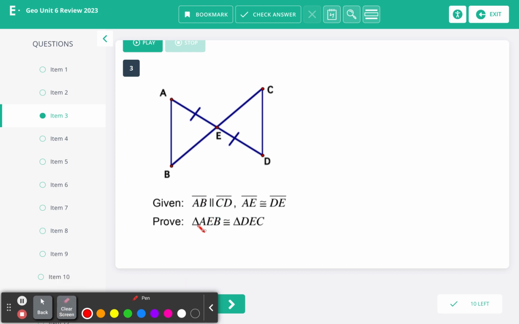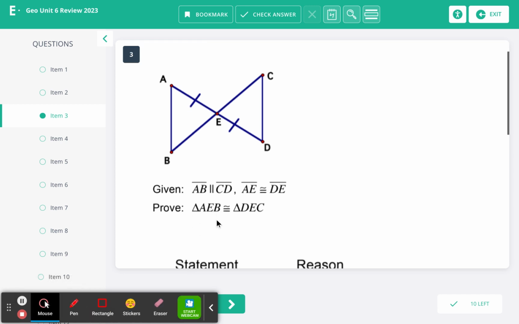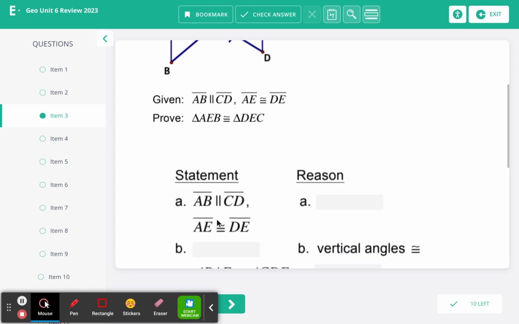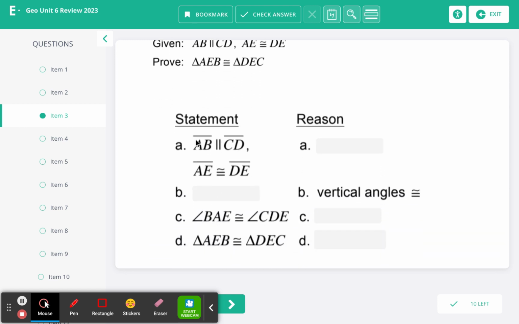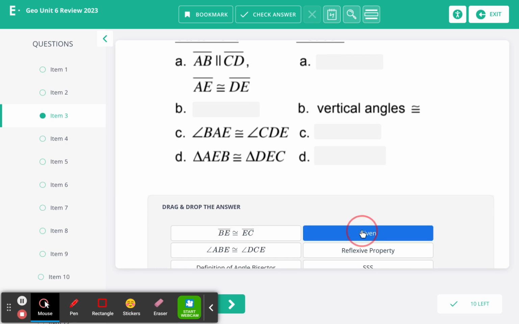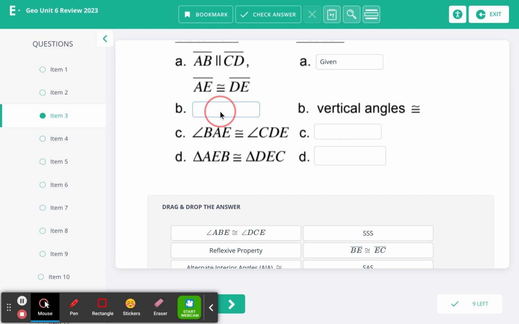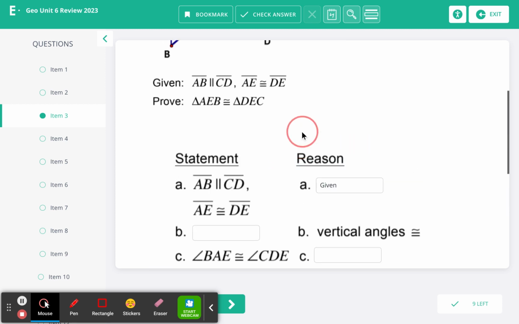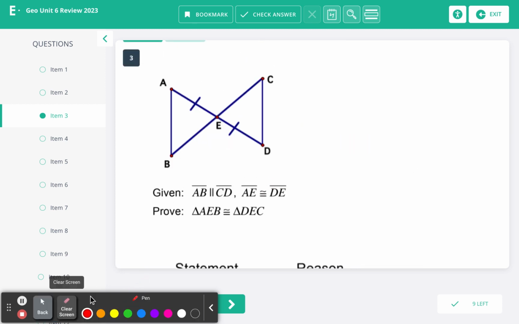All right, let's go back down here. There we go. We have our given statement to start. All right, we're also told blank and vertical angles. Well, we have a pair of vertical angles.